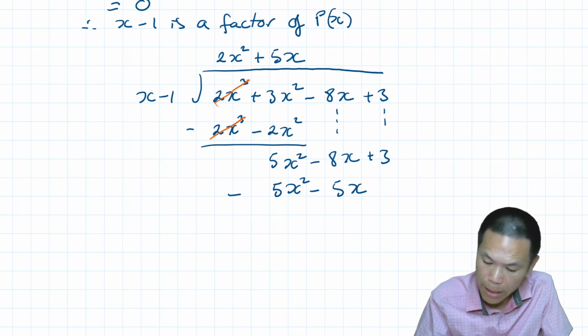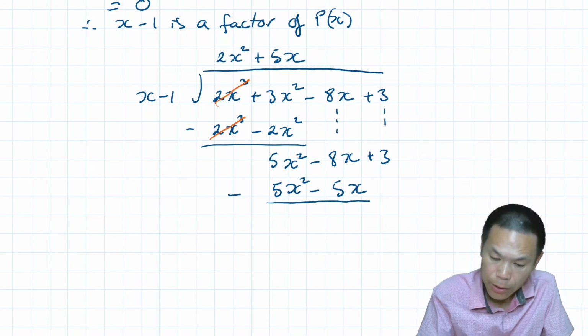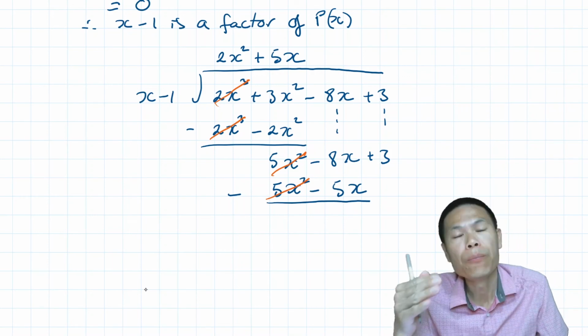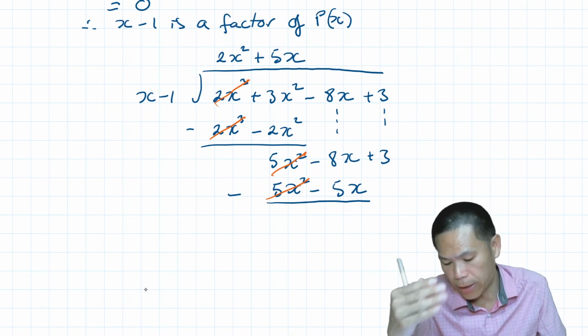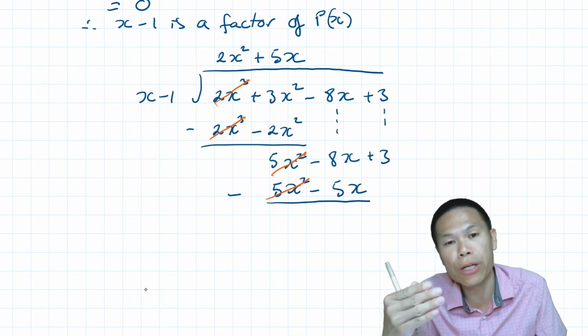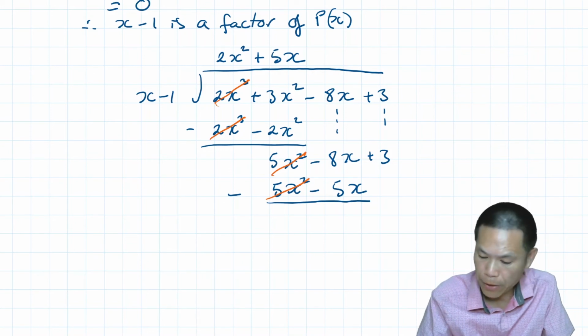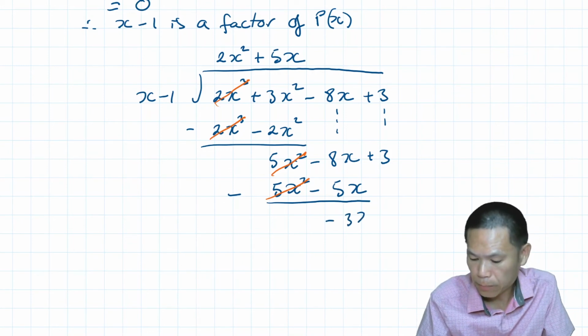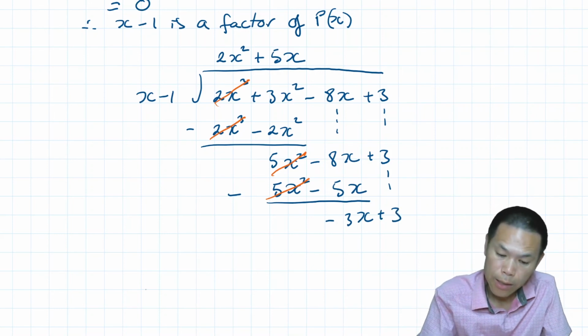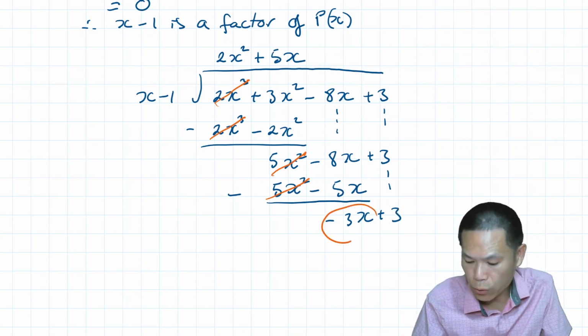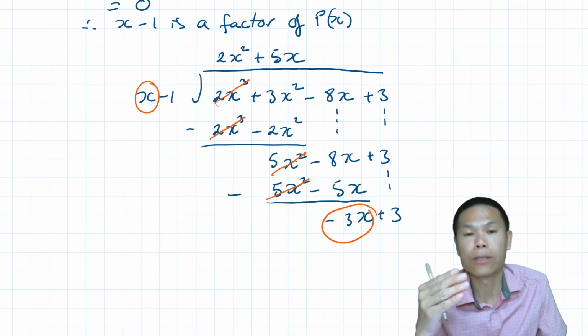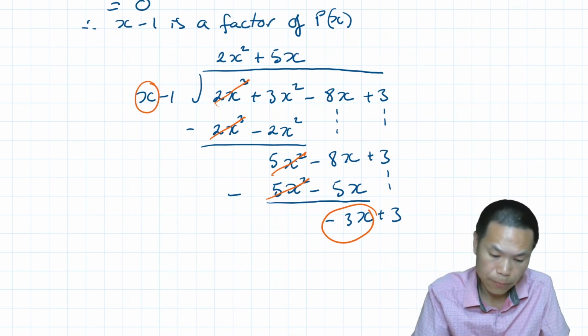And now I just subtract it. So this one here cancels out. So negative 8 minus negative 5, which is negative 3, but it is negative 3x. And this plus 3, we write it down. And then we go negative 3x divided by x. So that is negative 3.